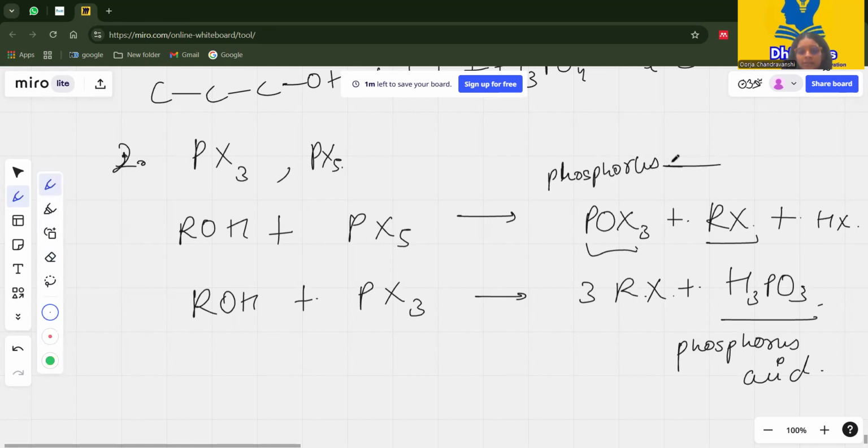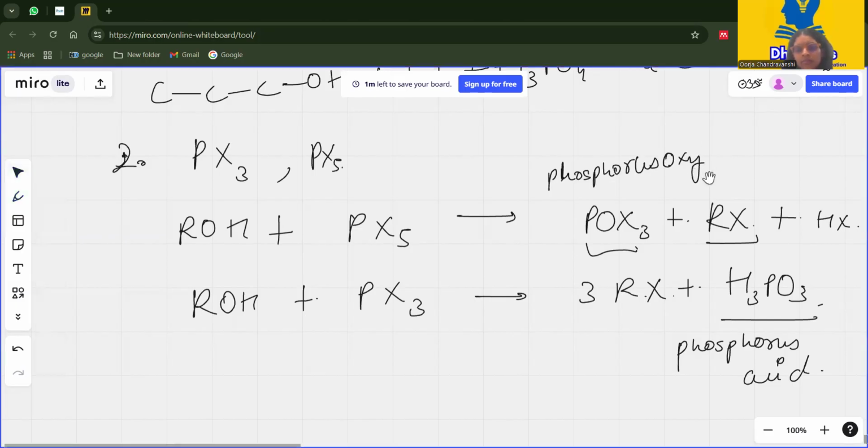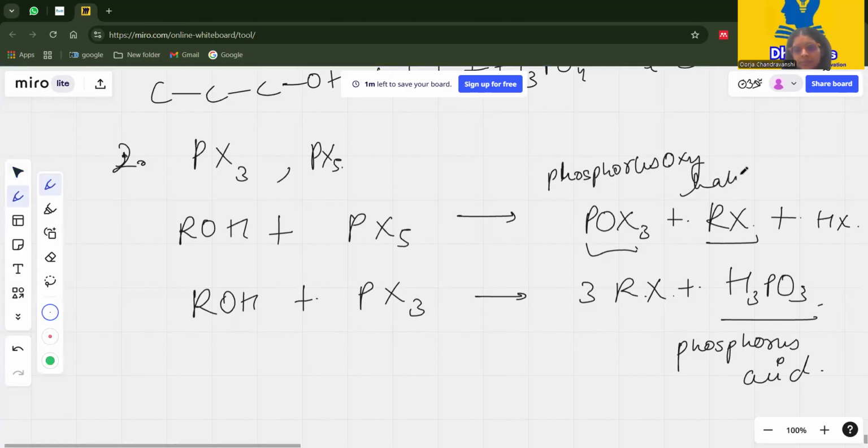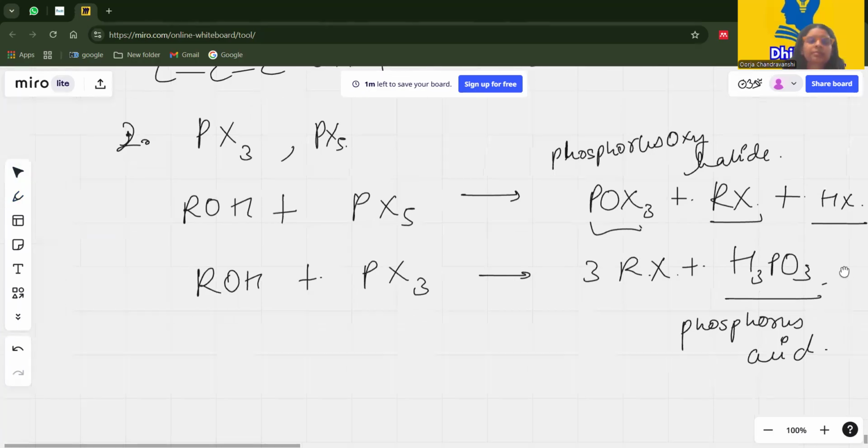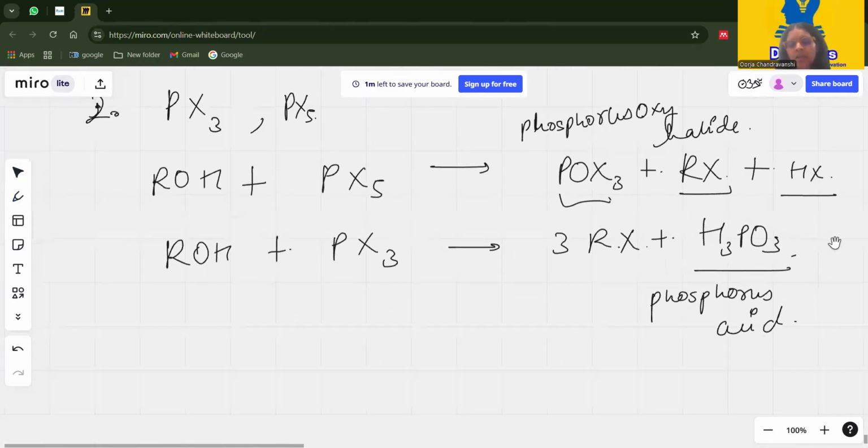So phosphorus halide, phosphorus oxyhalide. This I hope you were able to guess. This is again a hydrogen halo acid. Right? It's always important to learn the general equation as well so that we can form any example on our own.